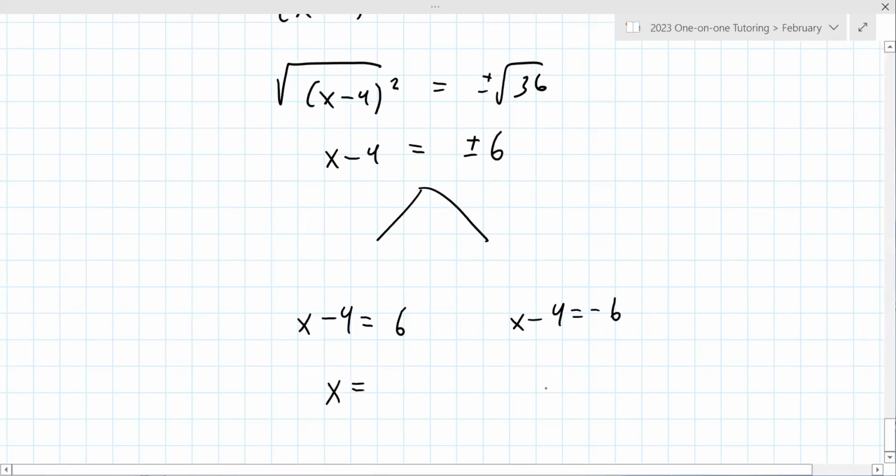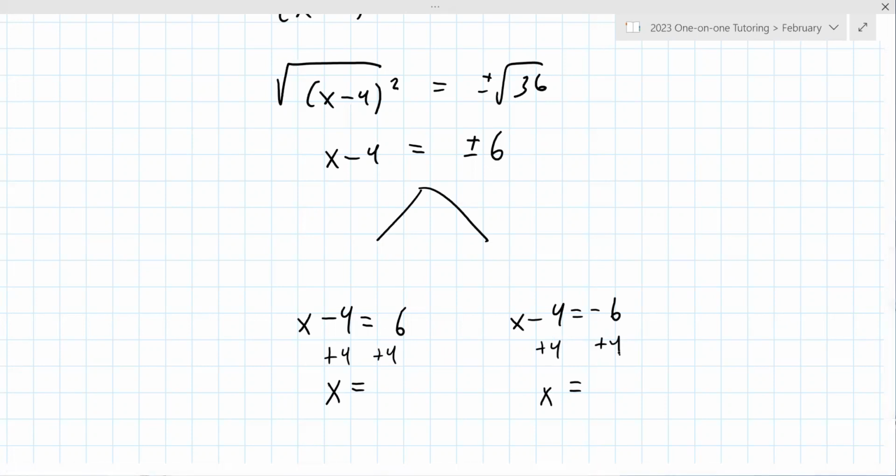I'm sorry, give me the numbers again. 20 and negative 20. You're adding 4 to both sides, right? Yeah. Oh my god, what am I doing? I did 16. I don't know why. x equals 10 and x equals negative 2.